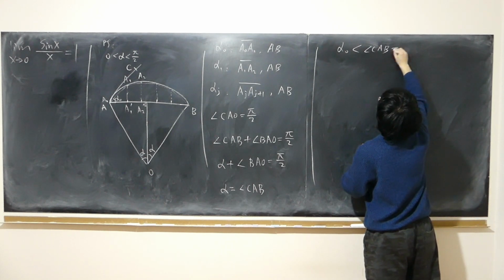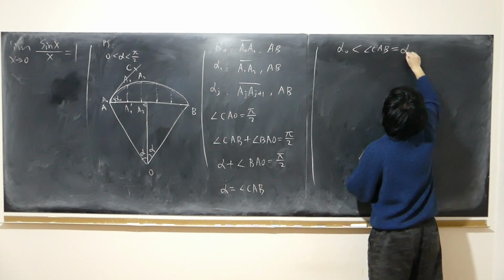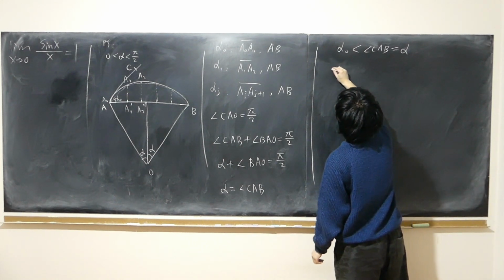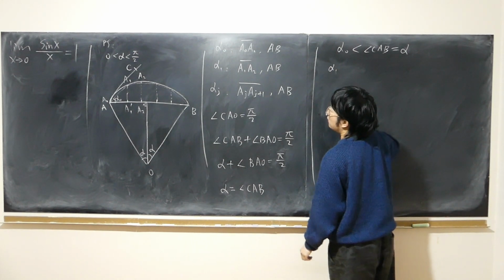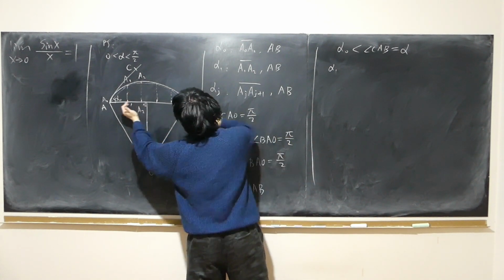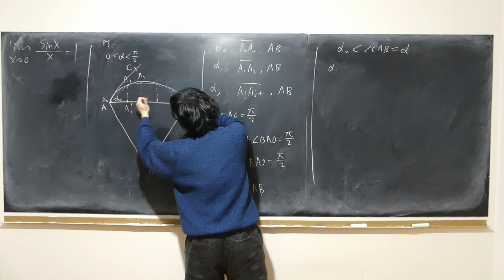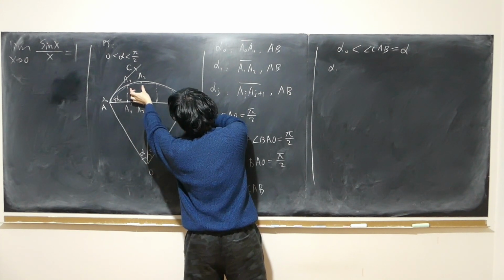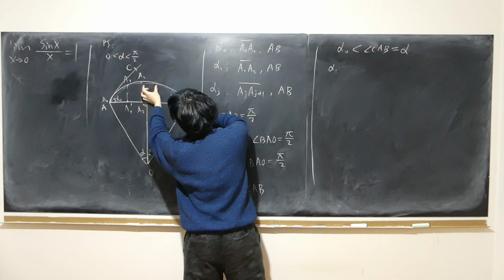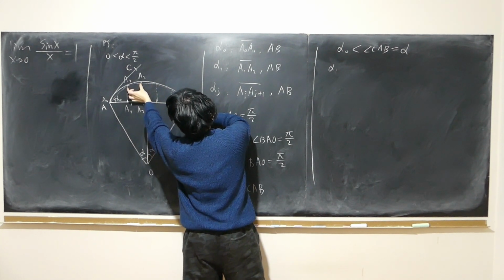Therefore, alpha naught is smaller than alpha. How about alpha 1? Alpha 1 is the angle between this line segment and AB, right? So obviously, alpha 1 is even smaller than alpha naught. And alpha 2 is even smaller than alpha 1.